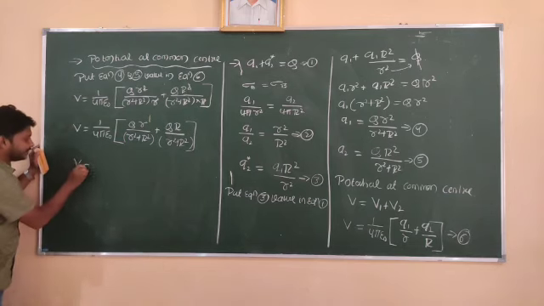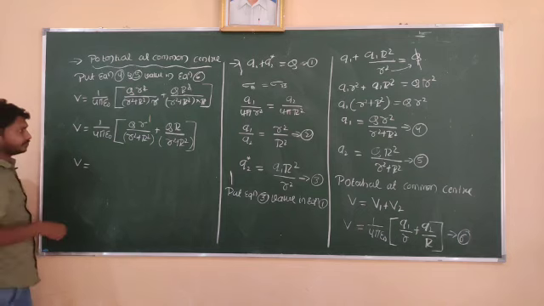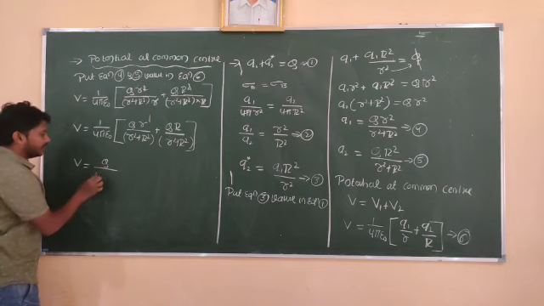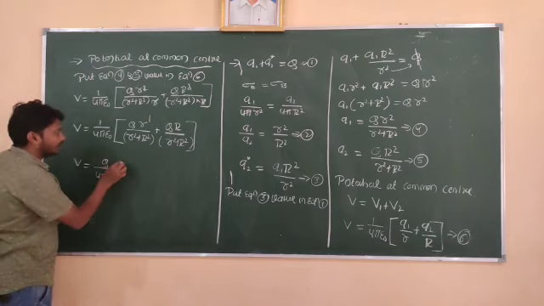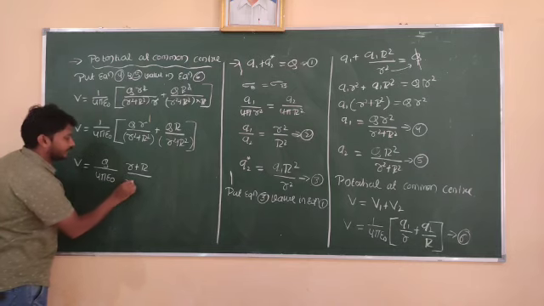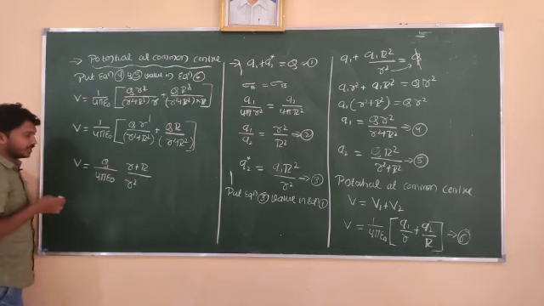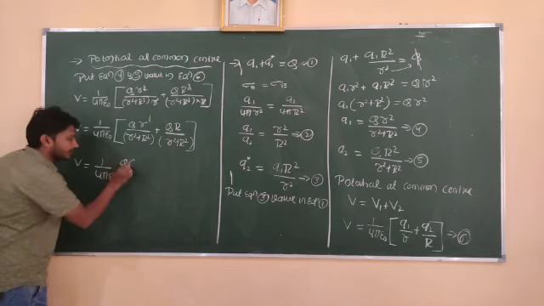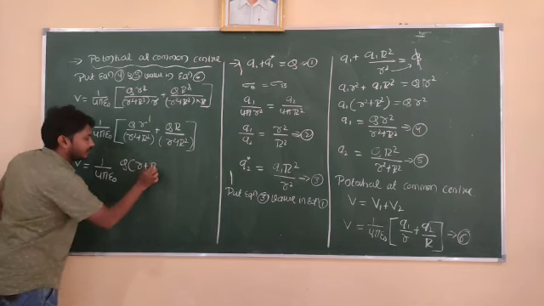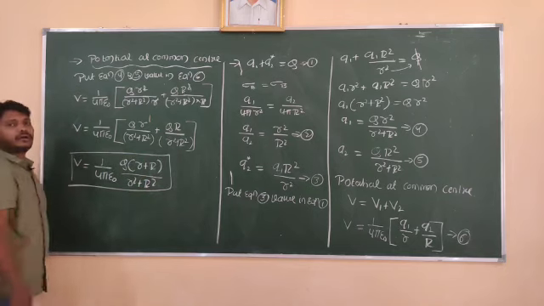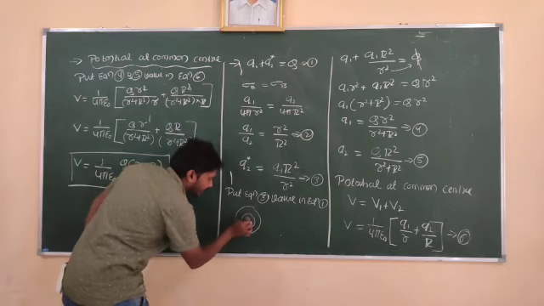Further, if I simplify, I take Q as a common factor, so Q divided by 4 pi epsilon naught times R1 plus R2 divided by R1 square plus R2 square, which is also a common factor. So I will rearrange.